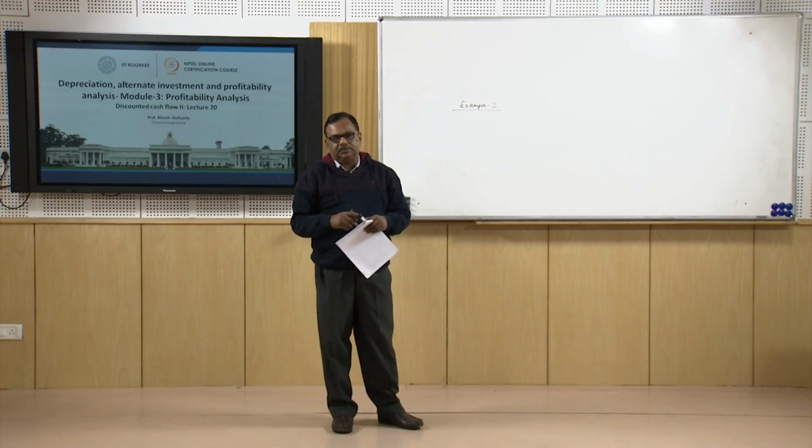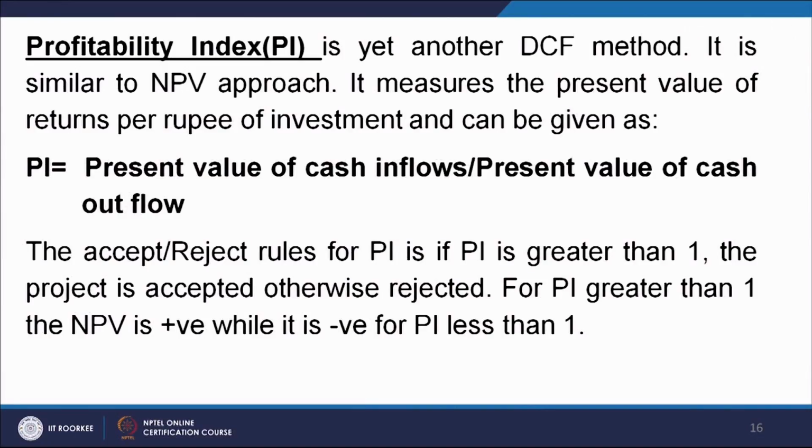Now, we go for the third method, which is called profitability index. PI is yet another DCF method. It is similar to NPV approach.